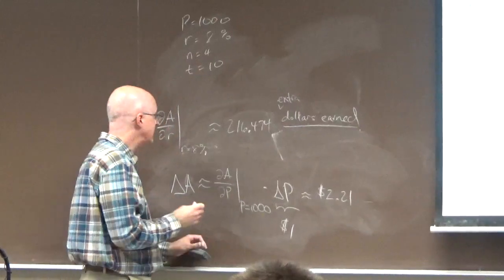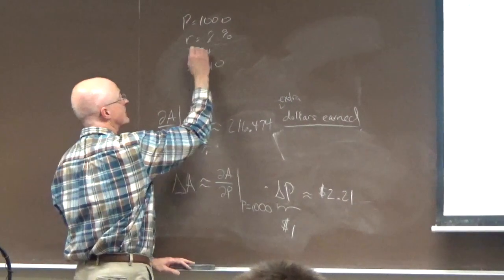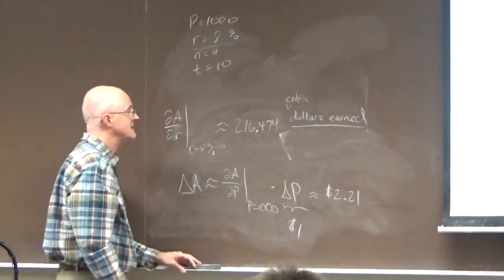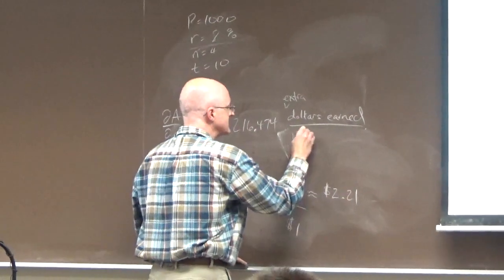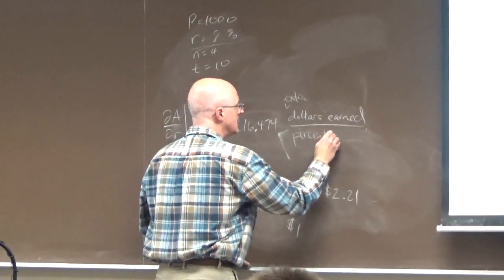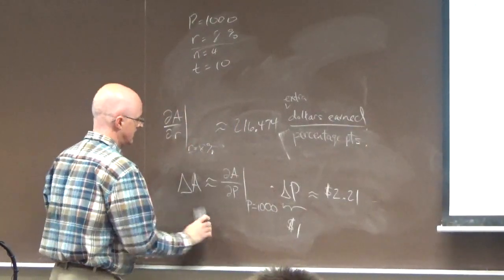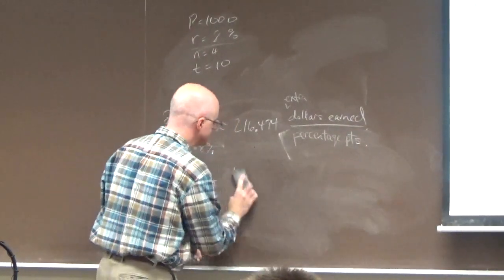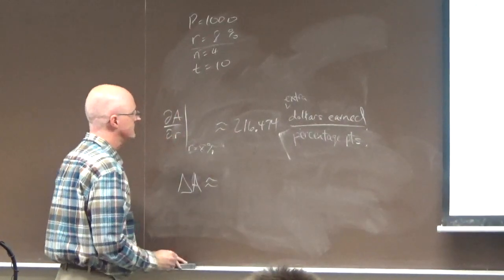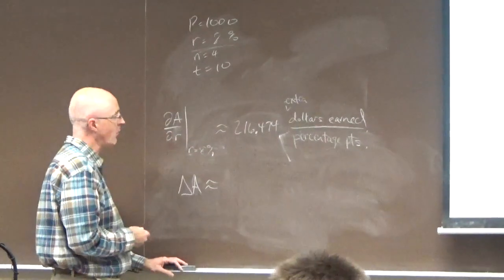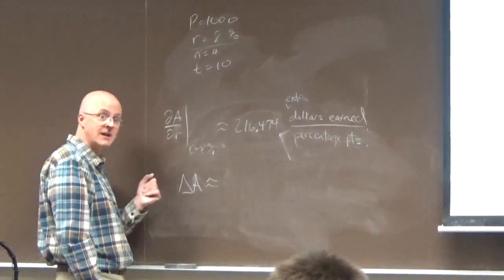That's why I made the R be as a percent without converting to a decimal here, because you can call its units percentage points now. So, what's the approximate change in A as R increases by, say, 1 percentage point from 8% to 9%?